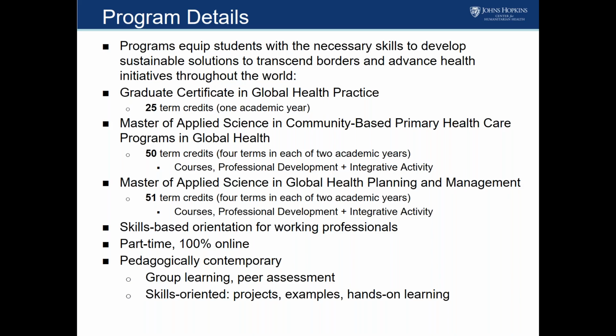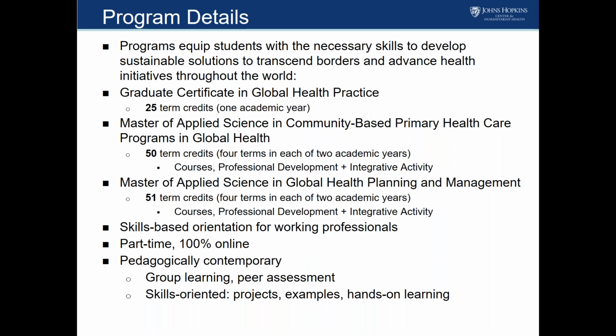We have the basic first year, and I'm using the word year loosely, but the first set of courses are comprised of 25 term credits, and this comprises our graduate certificate in global health practice. This serves as the foundation for our master's degrees. People can apply for the certificate. We've had people with advanced degrees that are not looking for another postgraduate degree like a master's, but want a certificate so that they can gain the knowledge and skills specifically focused on global health.